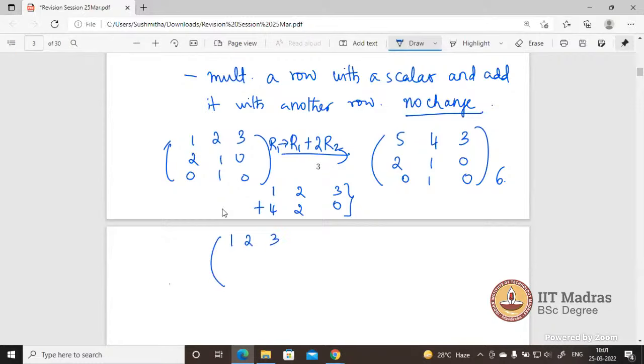No, I'm replacing only the first row. Okay, fine. Then I think this is a bad way of writing.